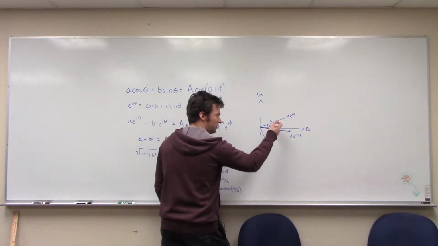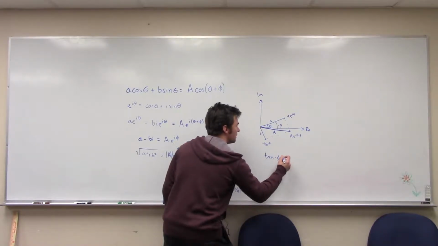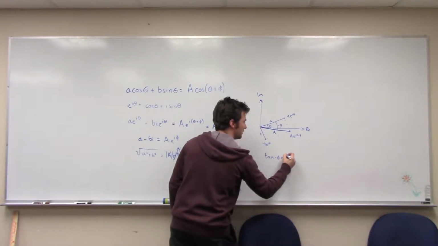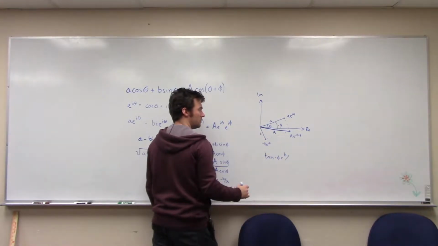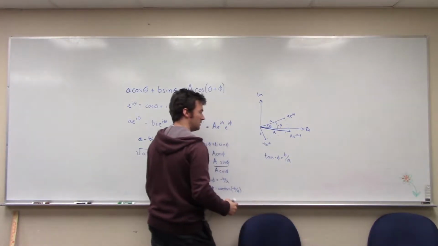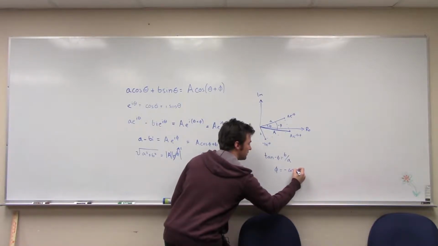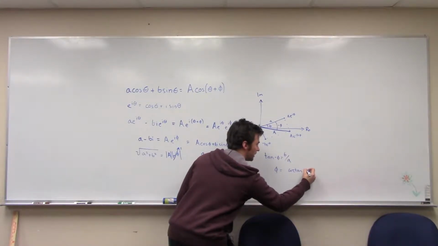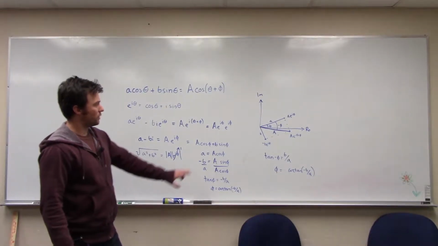So let's look here. The tangent of our negative phi is this part, which is B, over that part, which is A. And so phi is negative arctangent, well, we can just put this over here, negative B over A. That's just a way of visualizing that.